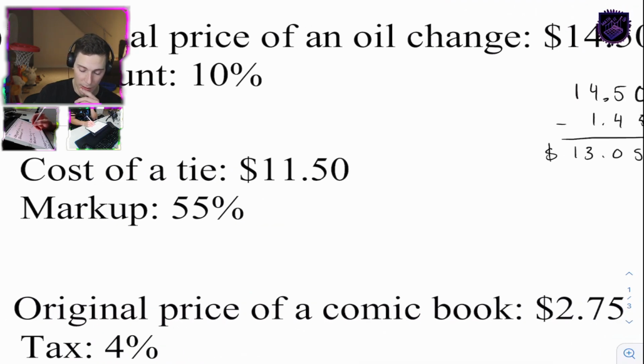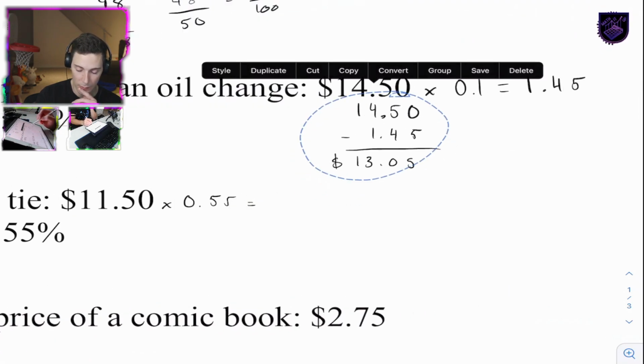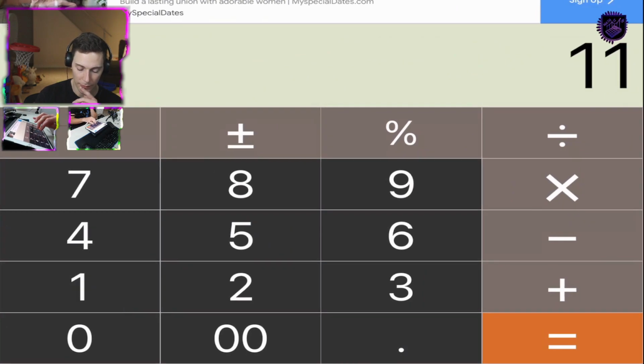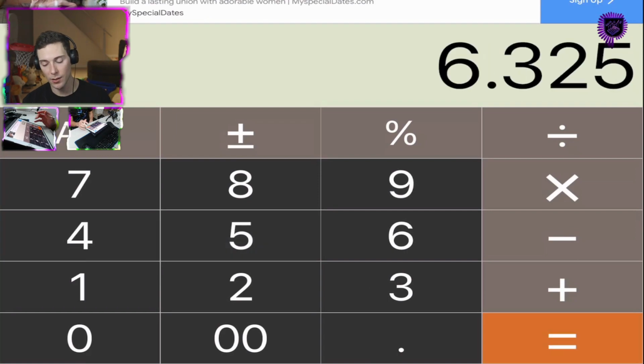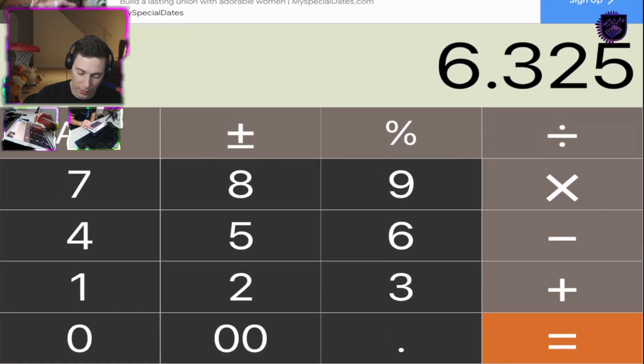It's too much. Let's times by 0.55 to get our amount. We're going to mark it up. $11.50, 55%. 11.50 times 0.55 is 6.33.